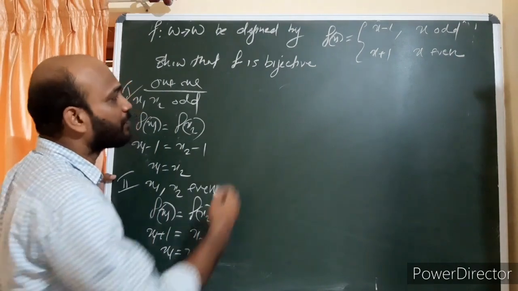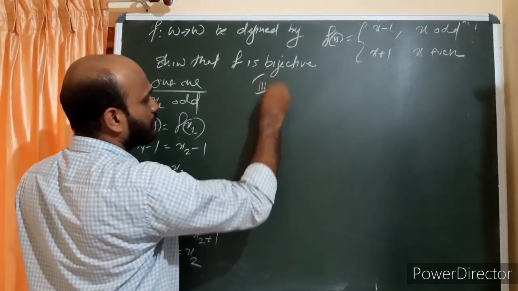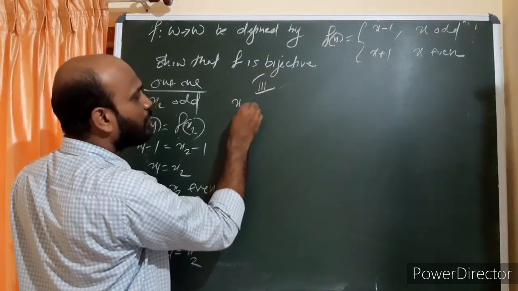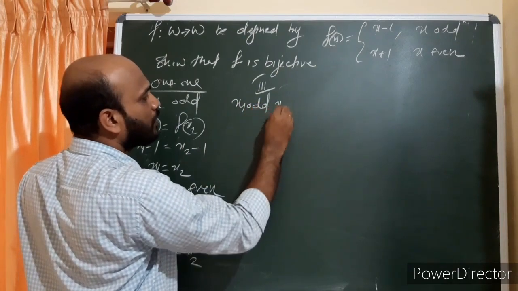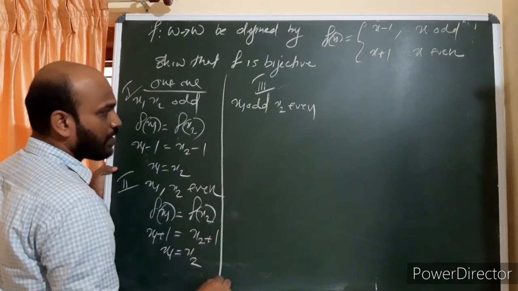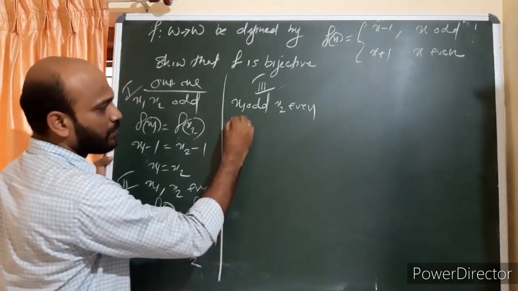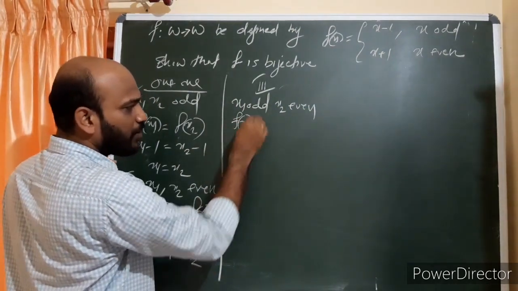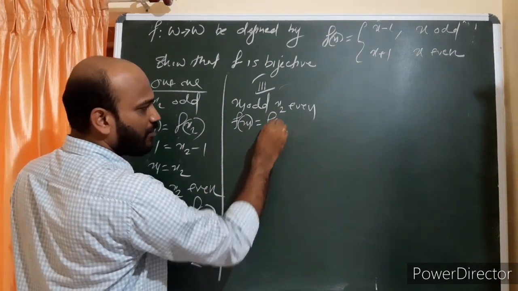Now you have to go for the third case. Third case, x1 odd, x2 even, f of x1 equal to f of x2.